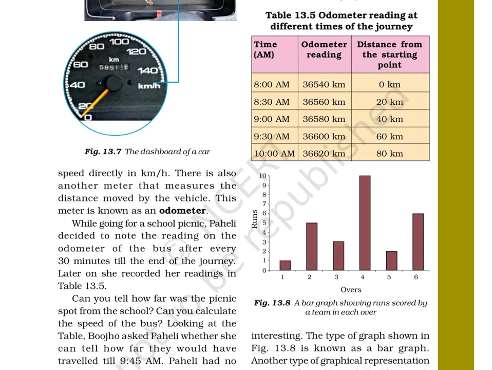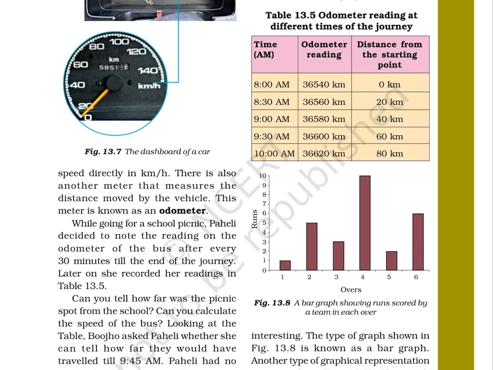At 8 a.m., the odometer reading was 36540 kilometers. Distance from the starting point was 0 kilometer. At 8:30 a.m., the odometer reading was 36560 kilometers. Distance from starting point was 20 kilometers. At 9 a.m., the reading was 36580 kilometers.